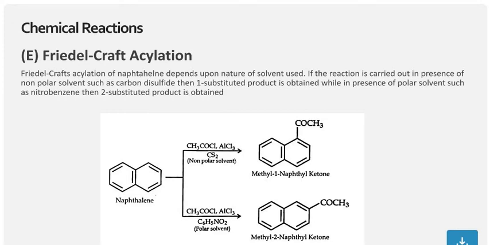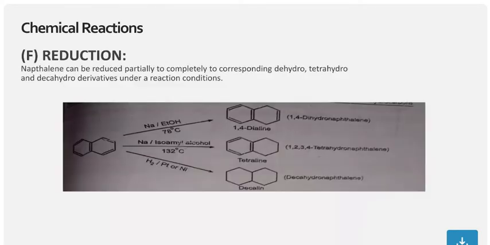Friedel-Crafts acylation of naphthalene depends upon the nature of the solvent used. If the reaction is carried out in the presence of a non-polar solvent such as carbon disulfide, then the 1-substituted product is obtained, while in the presence of a polar solvent such as nitrobenzene, then the 2-substituted product is obtained. So the importance of polar and non-polar solvent you will analyze here.